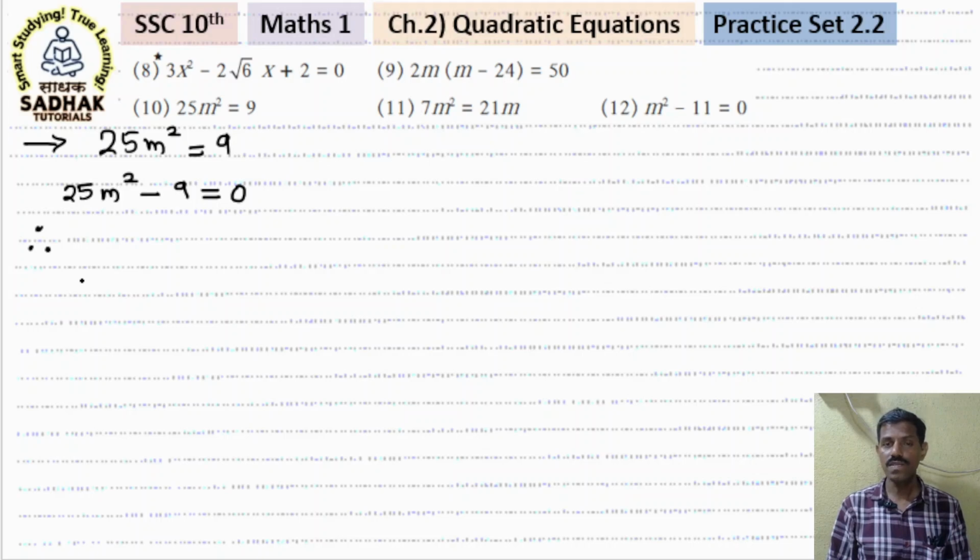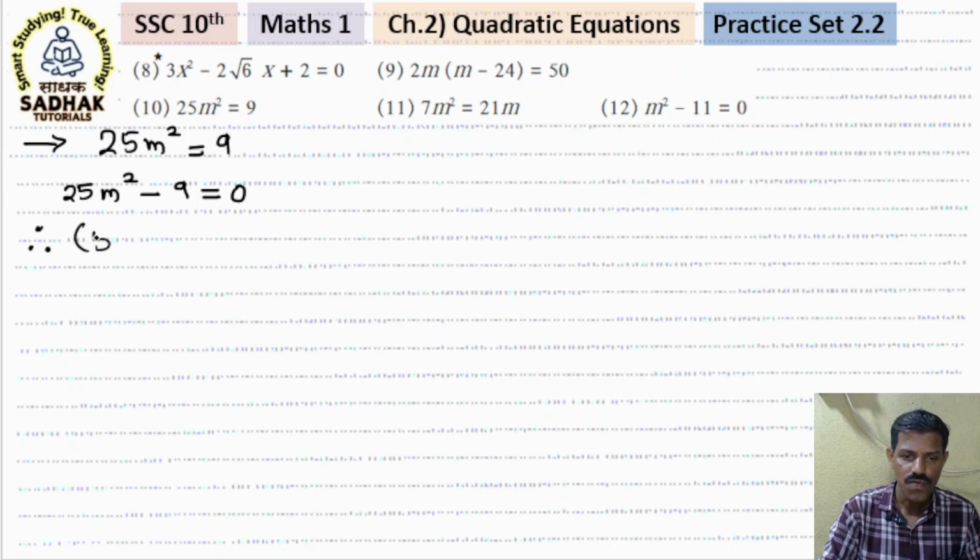Now when we look at this question carefully, we will see that 25 is a perfect square of 5. 9 is also a perfect square of 3. Okay, so this we can write as 5m the whole square. Okay, see 25 is the square of 5, and m square is the square of m.